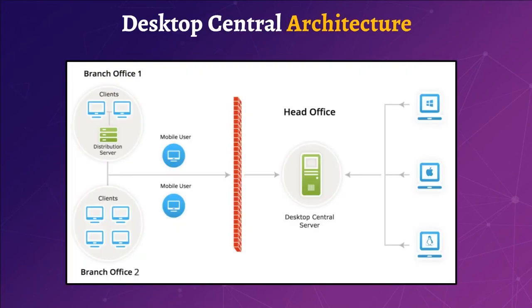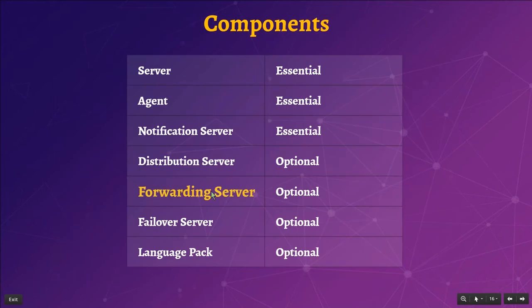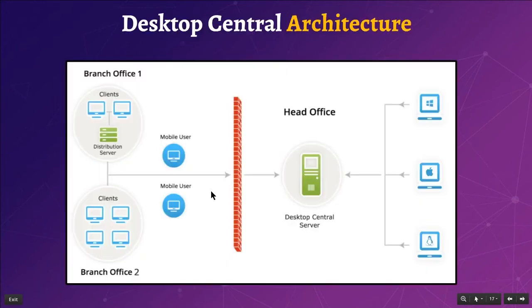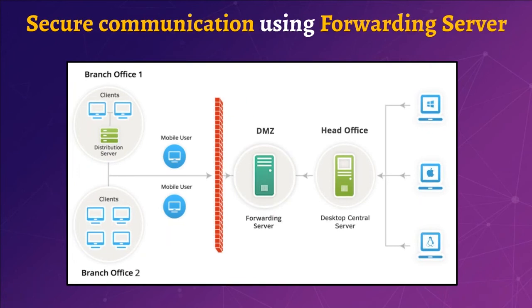Okay. As I told you before, you need to expose your server in internet to manage the roaming users. But if you use a forwarding server, you can avoid exposing your main server. Let me show you how. Okay, here is the architecture diagram which includes the forwarding server.